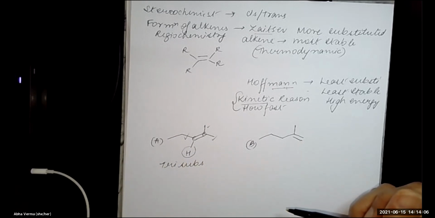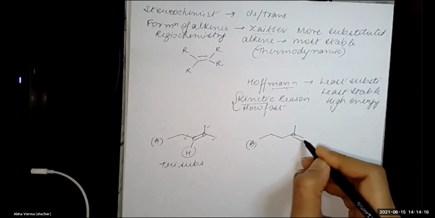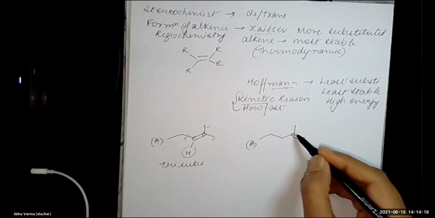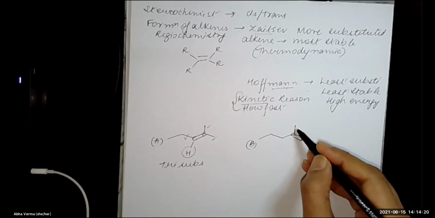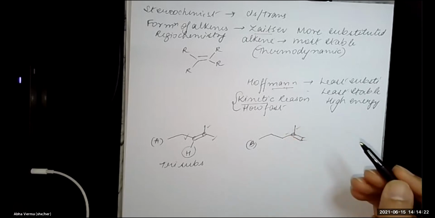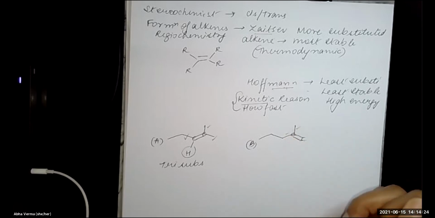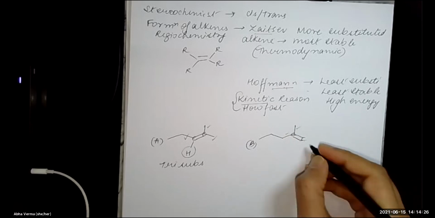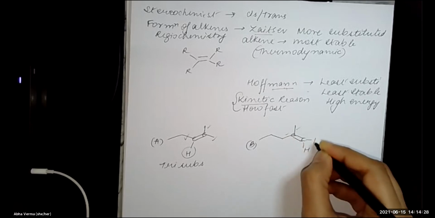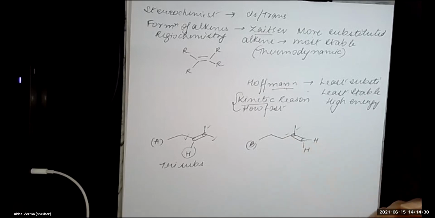And what about this? What kind of alkene would you classify this as? So across this double bond, on this carbon, you have these 2 groups. What do you have on this carbon? 2 hydrogens. So how many hydrogens are missing across the alkene? 2.